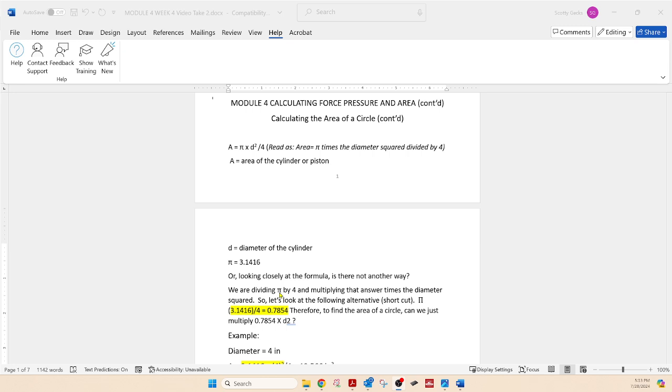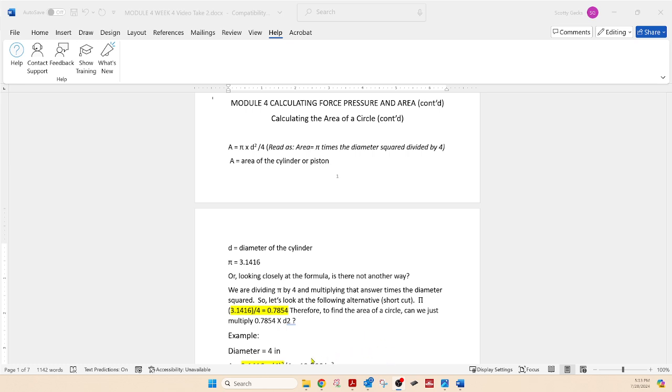That equals 0.7854. Therefore, to find the area of a circle, can we just multiply 0.7854 times the diameter squared? Yes, we can. And you can too, because it's going to end up with the same answer. That'll save you a lot of time and cut out potential errors.